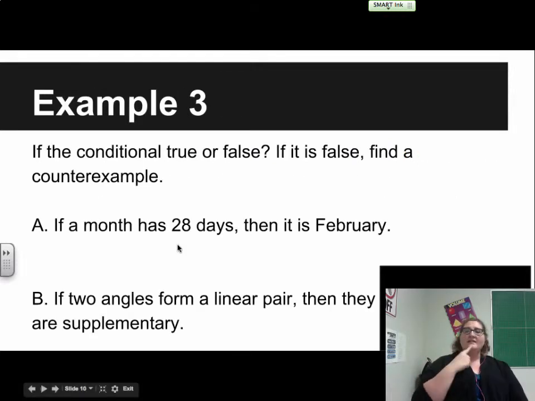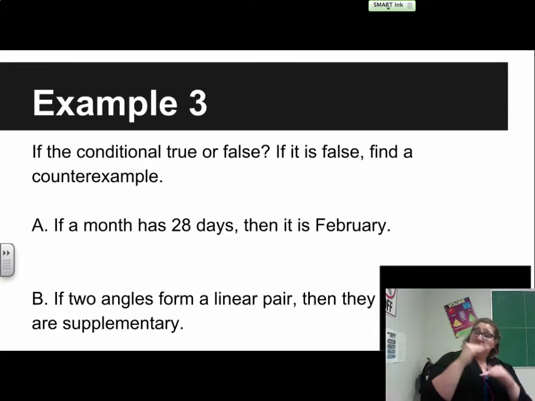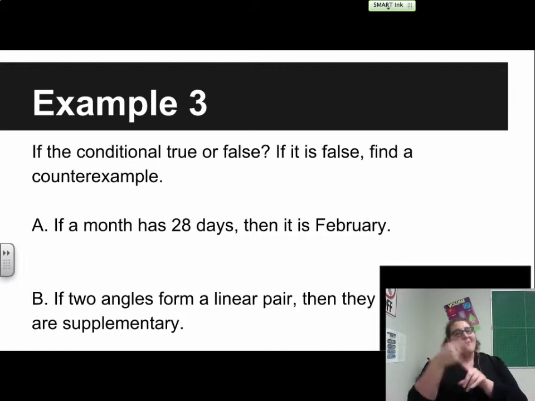Example 3. Is the conditional statement true or false? If it's false, find a counterexample. If a month has 28 days, then it's February. Now I can see where some of you might say this is true, because February is the only month that could have 28 days. But do all months have at least 28 days? Yes.